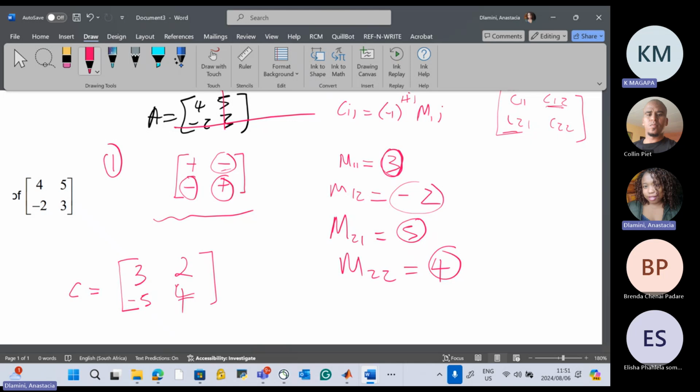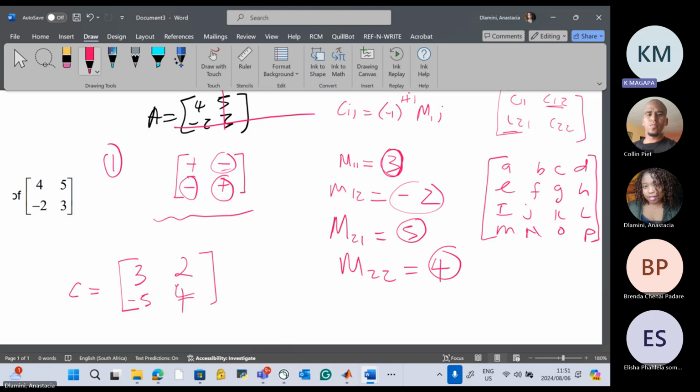You will see that in 3 by 3: these M1, M2 are actually determinants of 2 by 2s if you're looking at a 3 by 3. If it is a 4 by 4, they will be determinants of 3 by 3s. For example, say you have A, B, C, D, E, F, G, H, I, J, K, L, M, N, O, P. This is a 4 by 4.